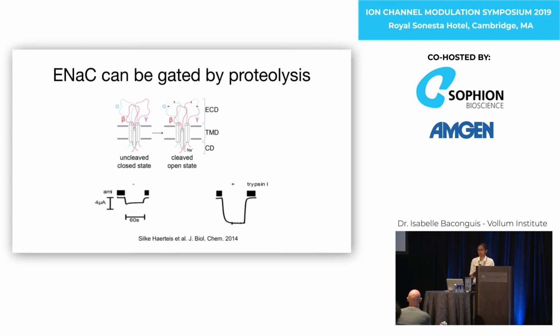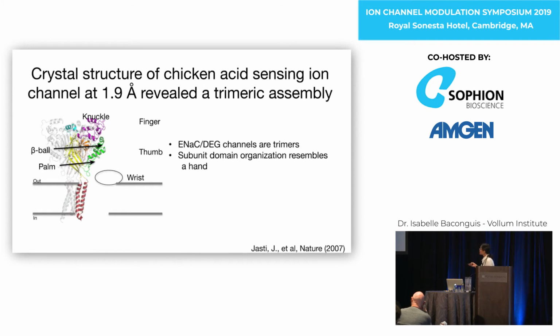What they know so far is that they allow sodium to go through, that's the key thing, and that they're sensitive to amiloride, and amiloride has all these other derivatives, and that's really solid. But interestingly, like I said, gated by proteolysis, only 2 of the 3 subunits are actually cleaved.